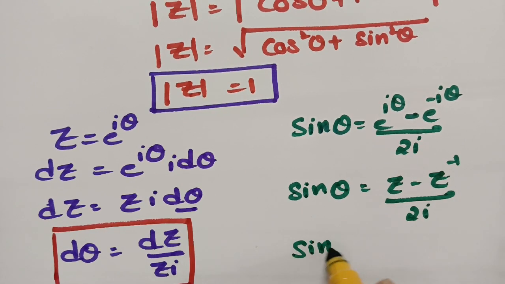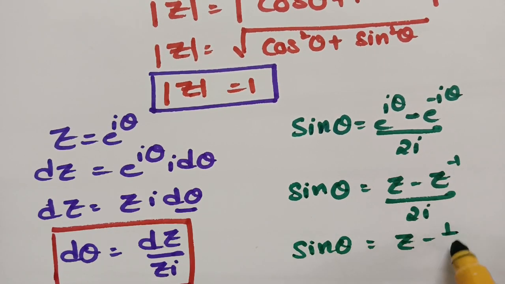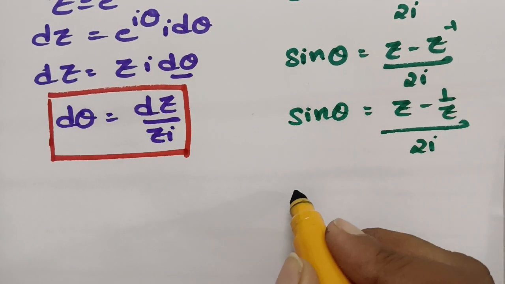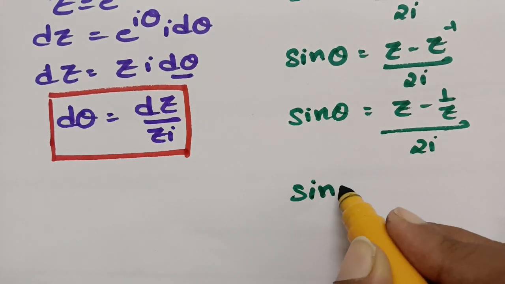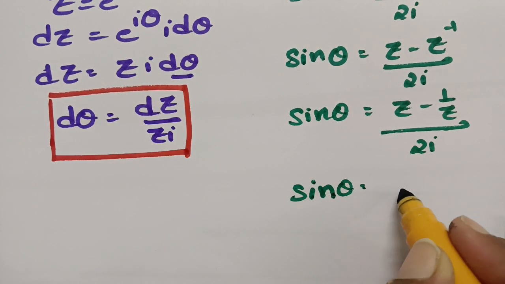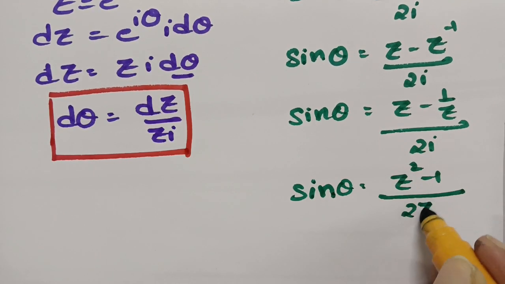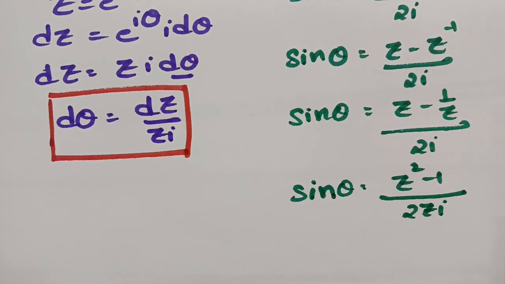So sin theta is equal to (z minus 1 by z) by 2i. Therefore sin theta is equal to (z square minus 1) by 2zi. So we got the value of sin theta.